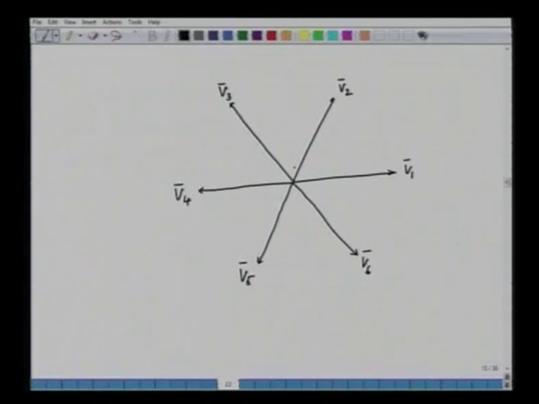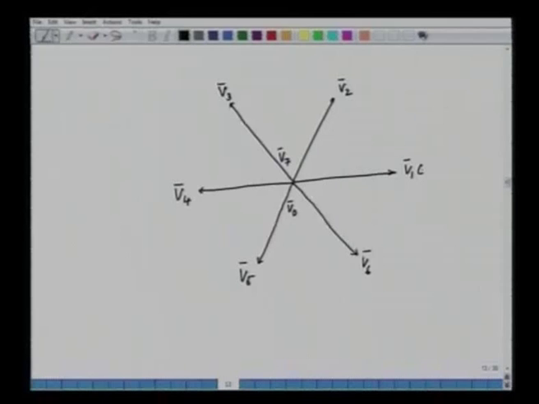And then we have the zero voltage vector V7, and V0 is also a zero voltage vector. And if we also show the switching status, we can show which switches are on for V1. We can show V1 as plus minus minus. Similarly, V2 as plus plus minus.